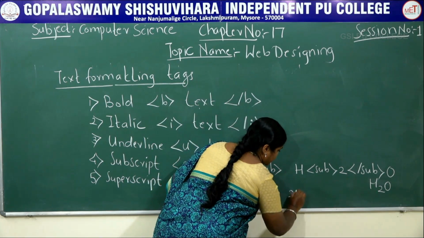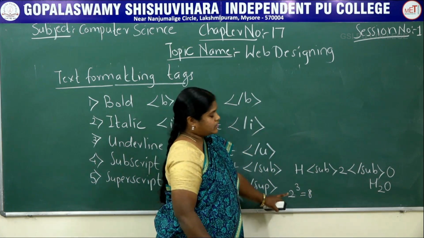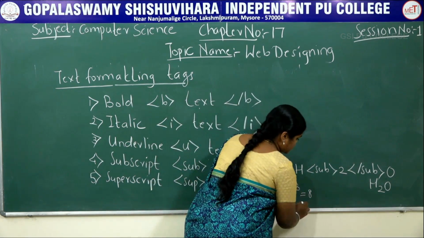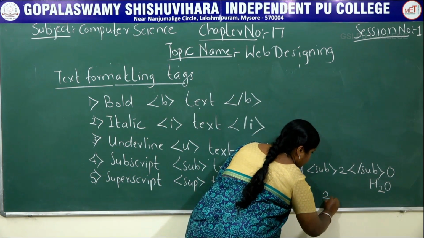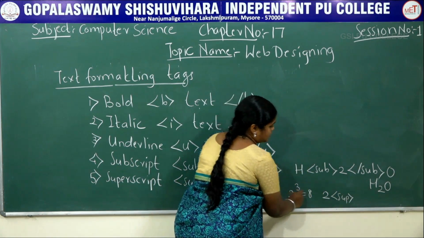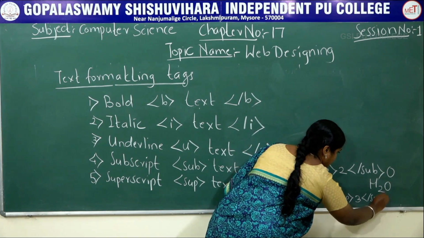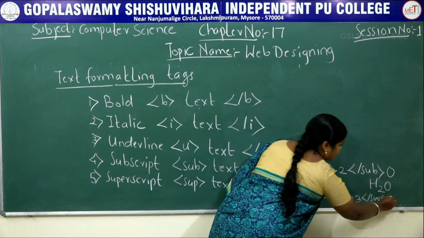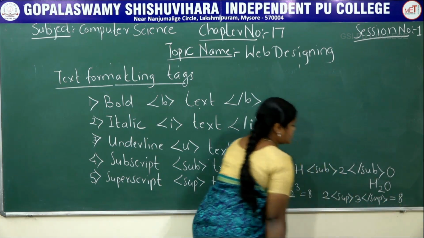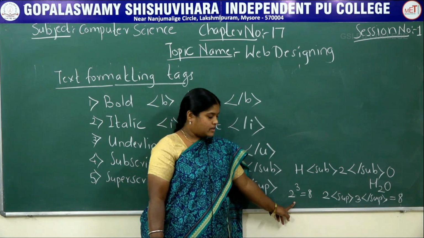Suppose I say 2 raised to 3 is equal to 8. Suppose I want to get this particular output. How am I supposed to write the tag? 2, SUP, this 3 has to be raised, so 3, then /SUP and is equal to 8. So this is how the tag for this particular output will be written.